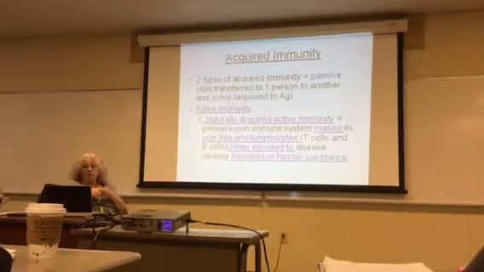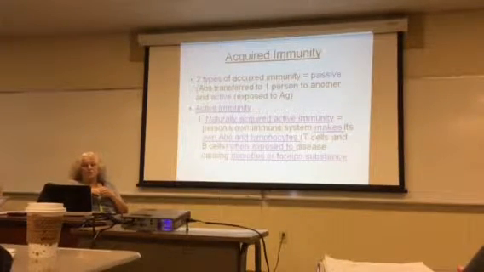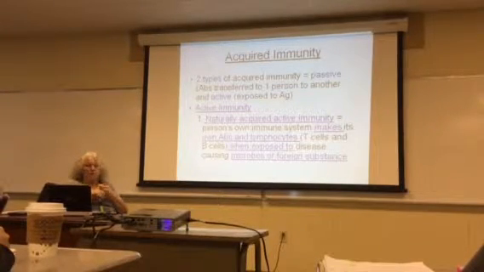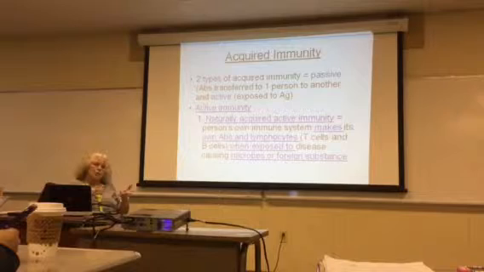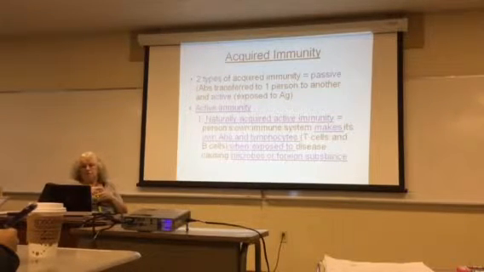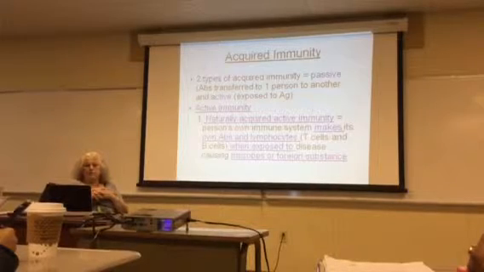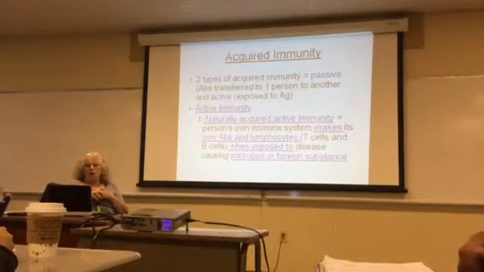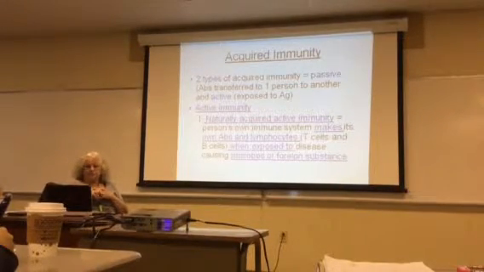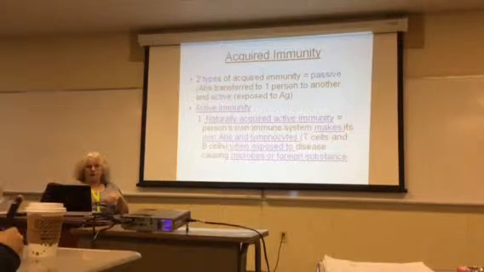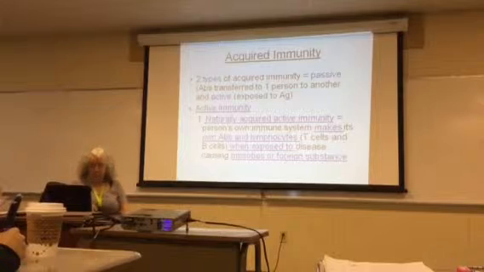This happens when you are exposed to disease-causing microbes or some sort of foreign substance that gets into your body, or maybe a toxin that one of these microbes might produce. That would be naturally acquired active immunity. You get exposed to something and your body starts making antibodies against that antigen.